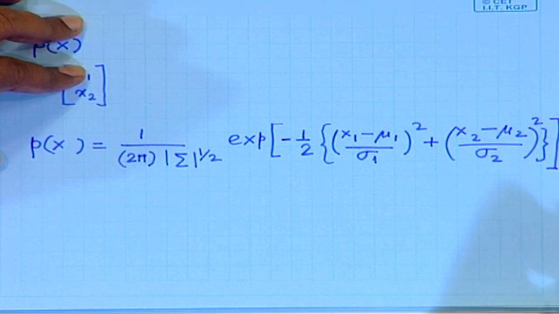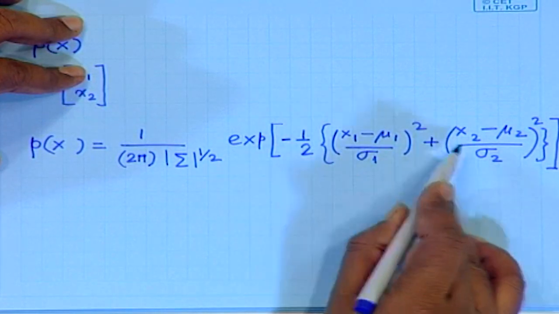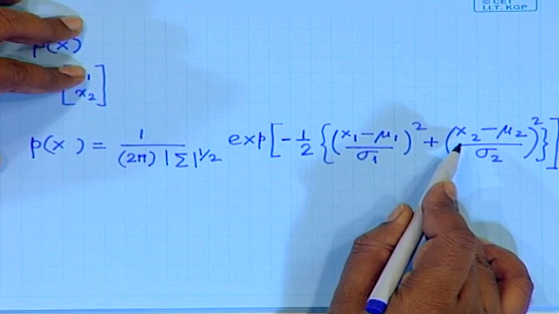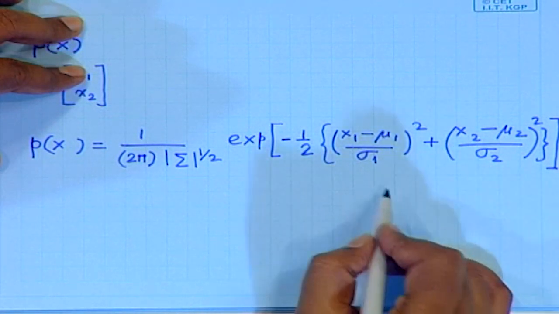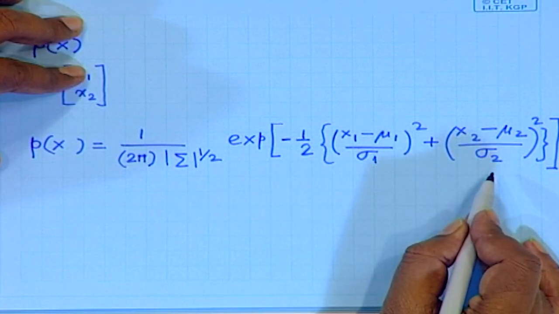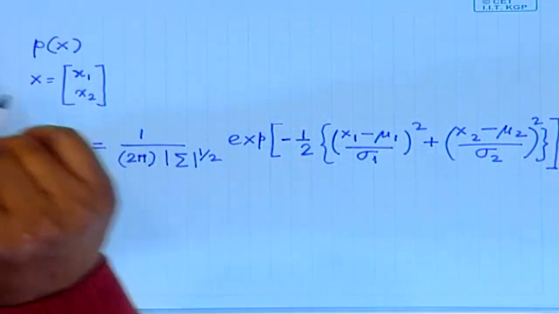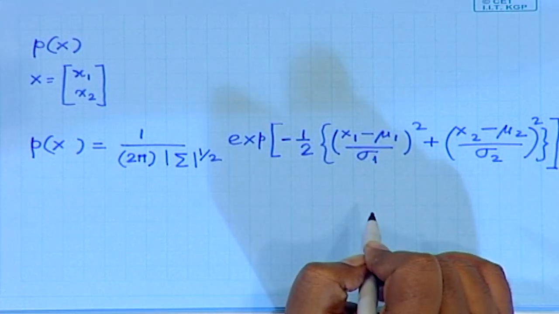This is a simplified expression because I have assumed that the components x1 and x2 are statistically independent. That is why I could have a simplified expression only in terms of sigma1 and sigma2, only the diagonal elements in my covariance matrix.